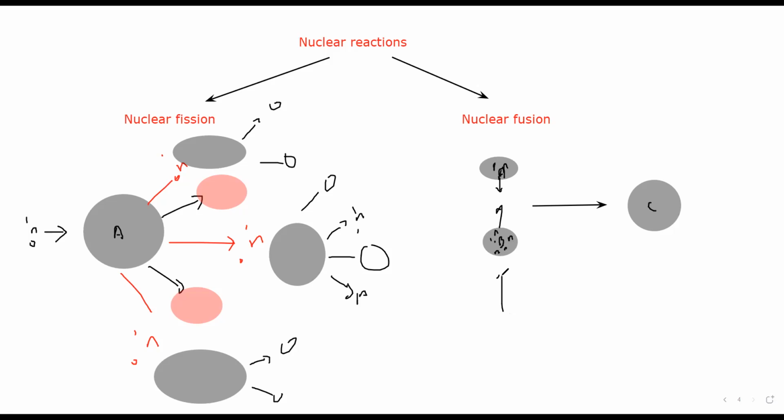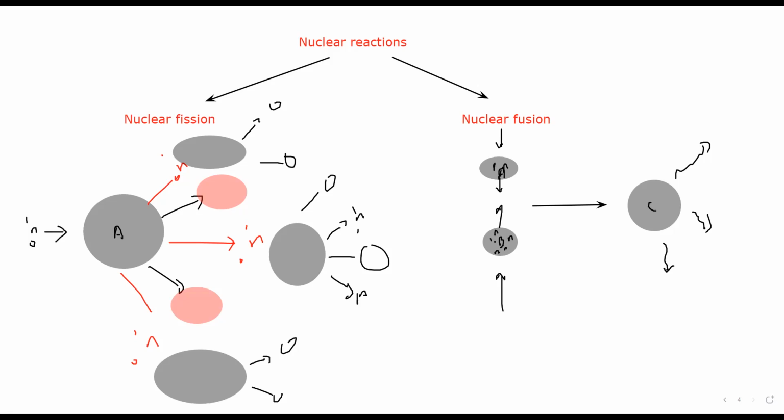To overcome this repulsion, you have to apply a greater amount of force, or supply greater energy. The input energy is more, but as a result, when it occurs, it releases an enormous amount of energy. One fusion releases more energy as compared to one fission.